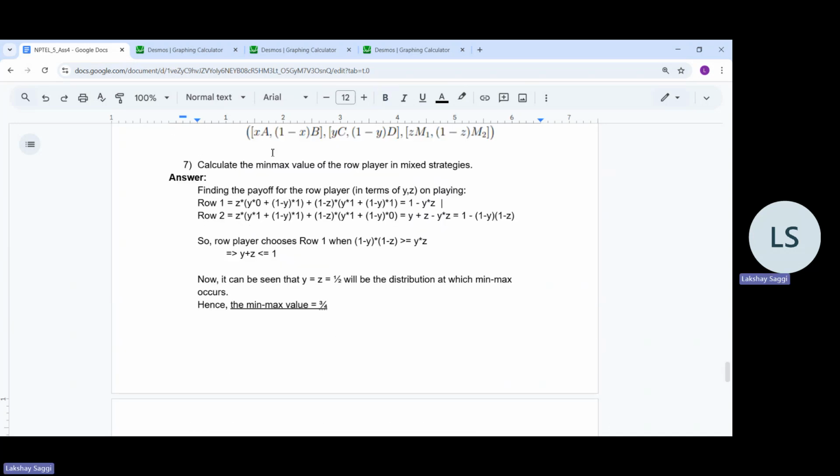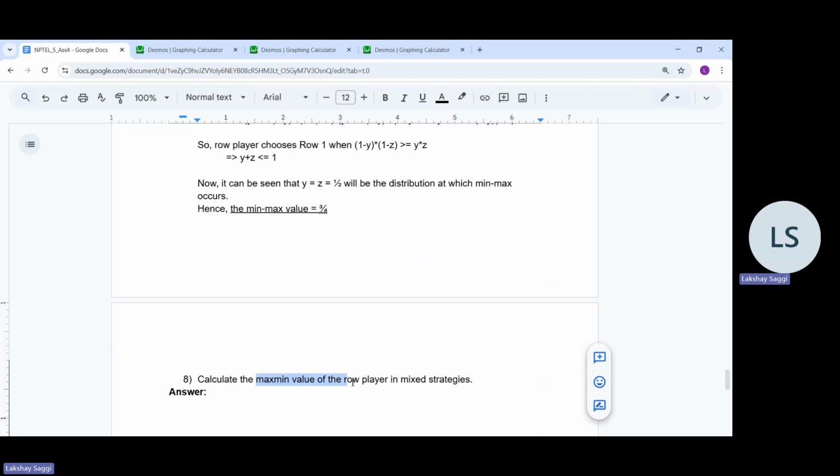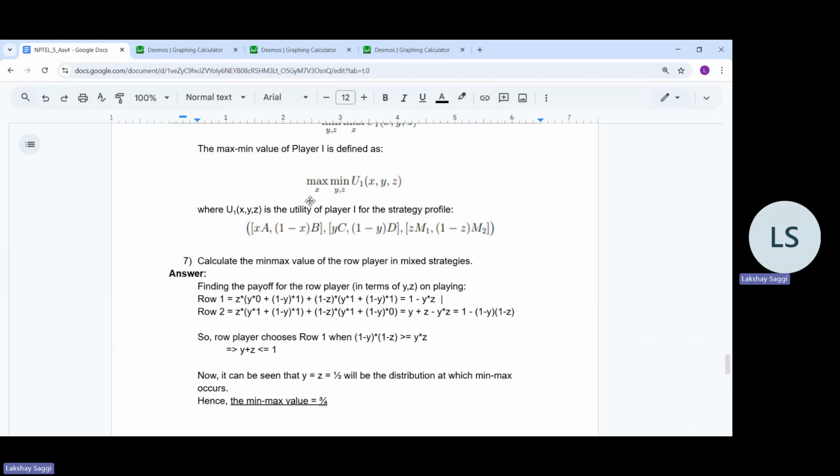First we tried to find the min-max value of the row player in mixed strategies, and now the second question asks us to find the max-min value. Note that the max-min value is nothing but, in this question, the row player first chooses x and then has to minimize over the u1 values.